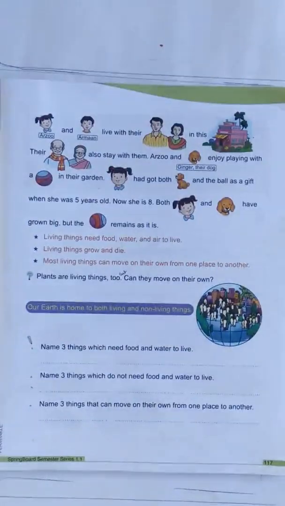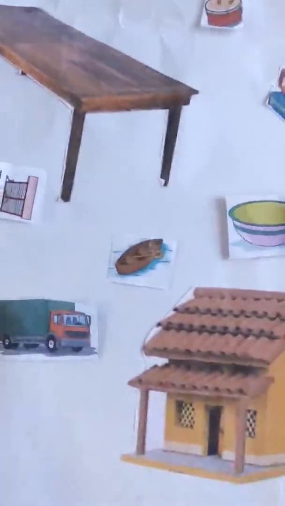And these all are non-living things. Computer, TV, table, chairs, drum, books, gate, ship, bowl, lorry, and home. These all are non-living things.